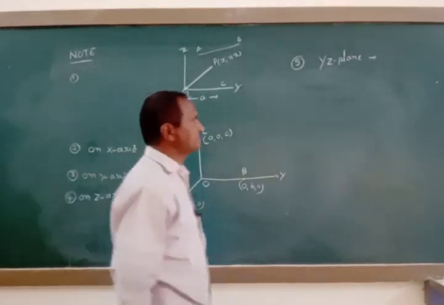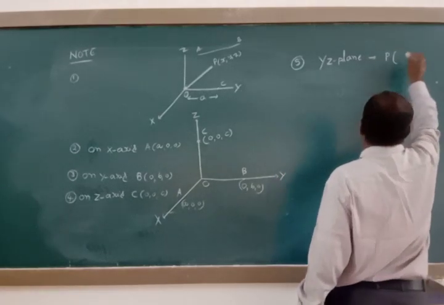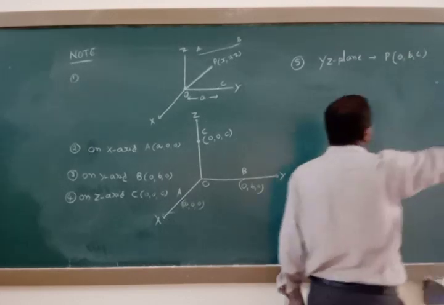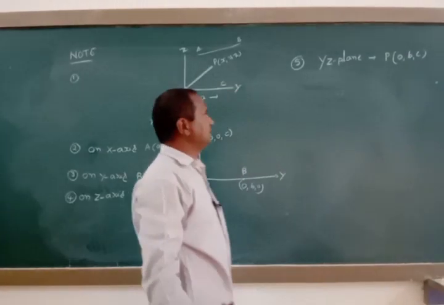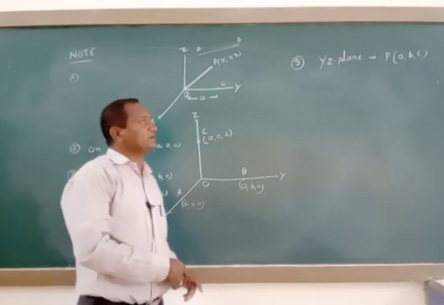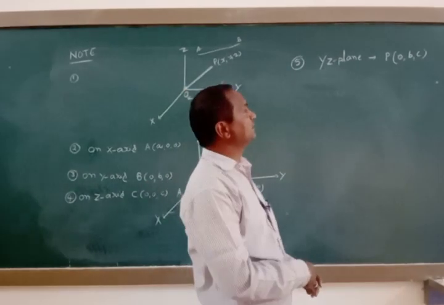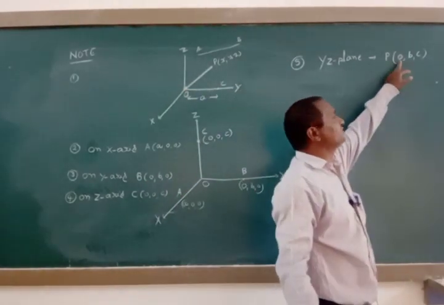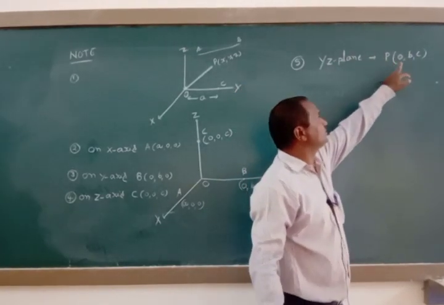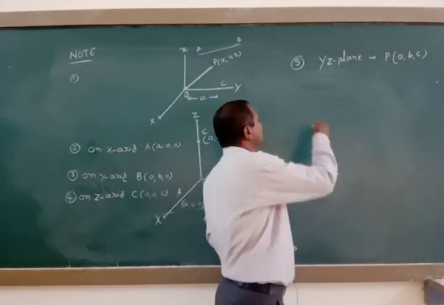Instead of x we take 0, so the point on the yz plane becomes (0, b, c), because in the yz plane we are not getting an x term. When we are not getting the x term, in that first coordinate place we take 0. So any point that lies on the yz plane has its x coordinate always 0.